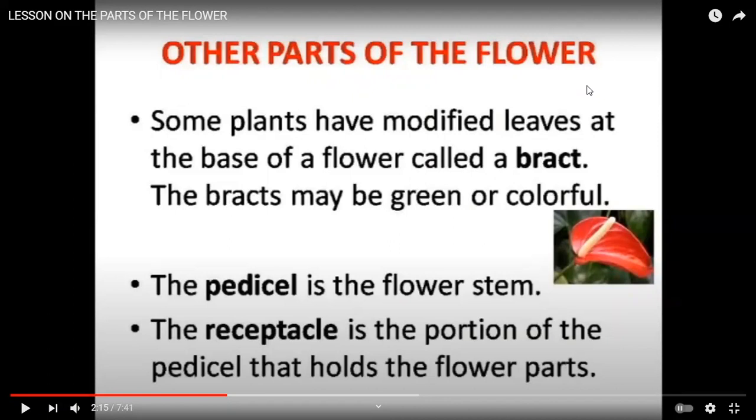The receptacle is the portion of the pedicel that holds the flower parts, right?